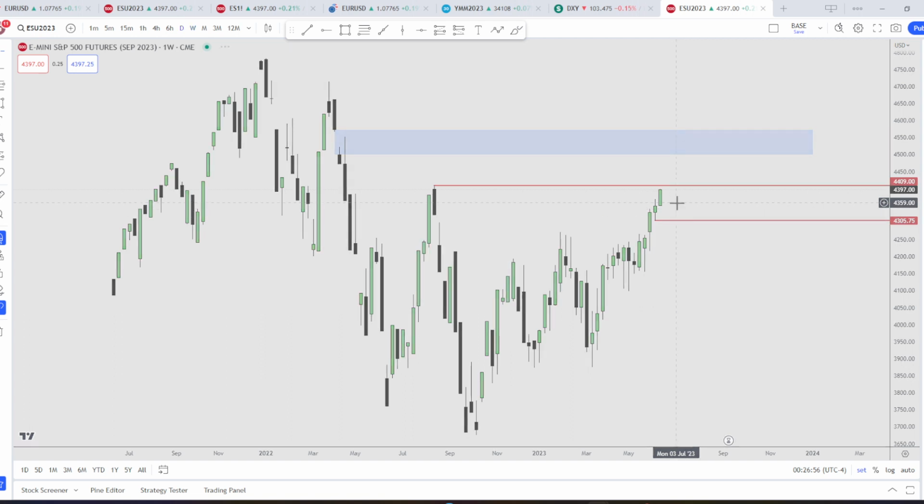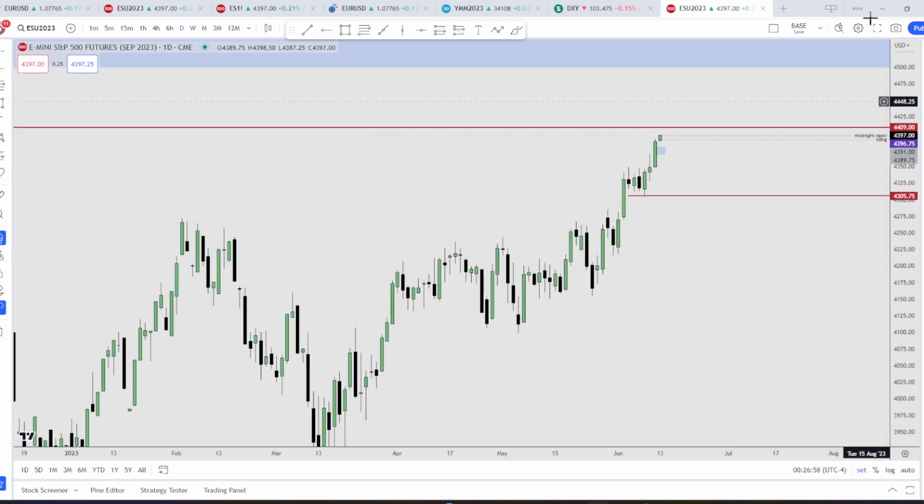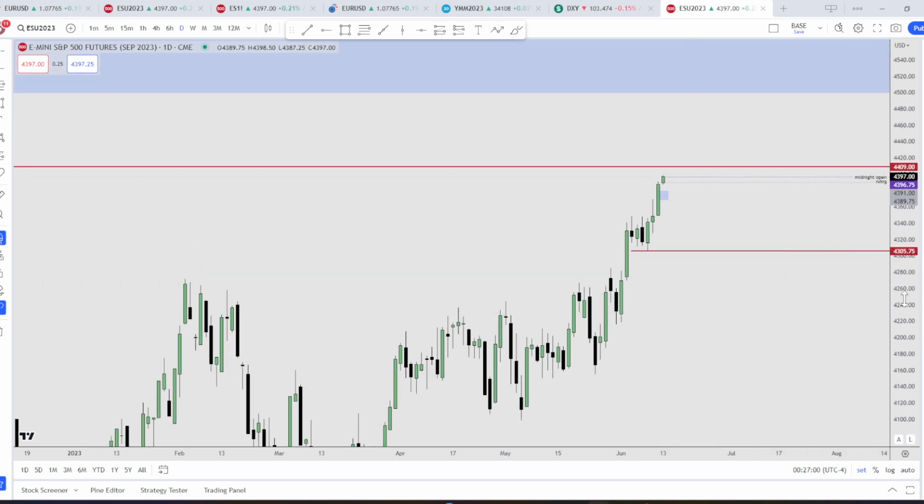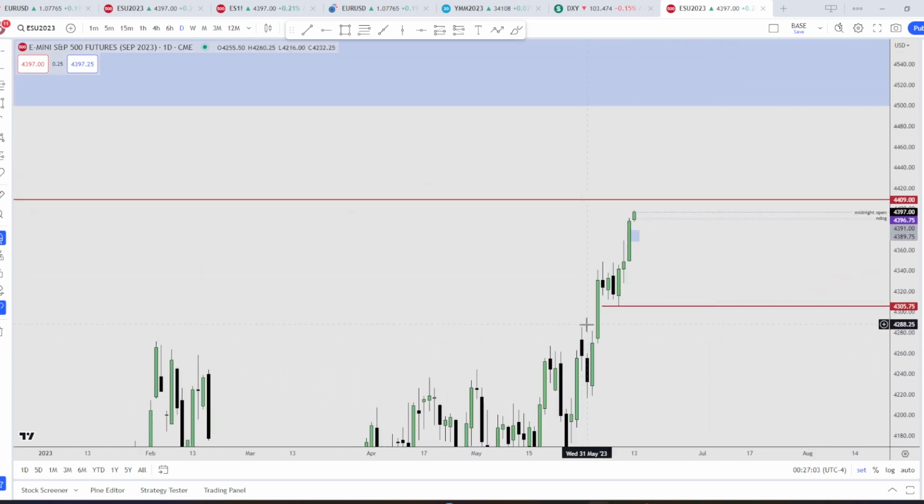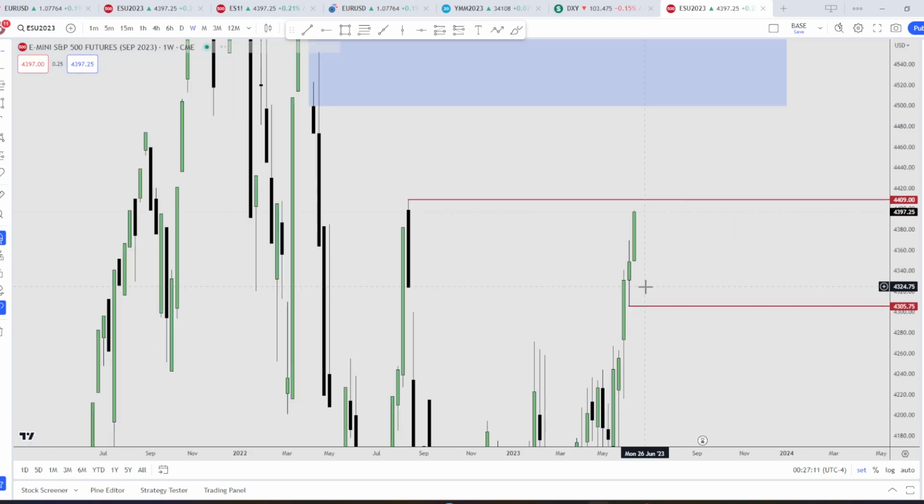So heading down into the daily time frame, any price closures below this swing low, okay, because this swing low essentially is a weekly fair value gap right down here.